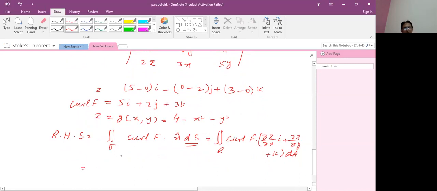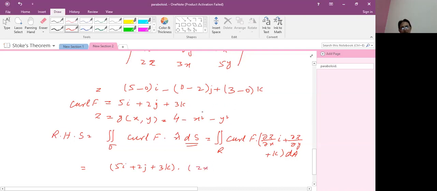So what is curl f? Curl f is 5i plus 2j plus 3k. Curl f dot the partial derivatives with respect to x, y, and z.